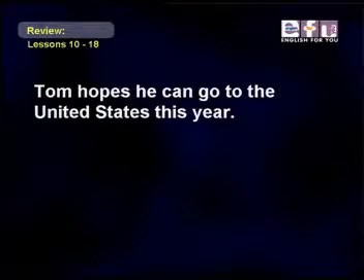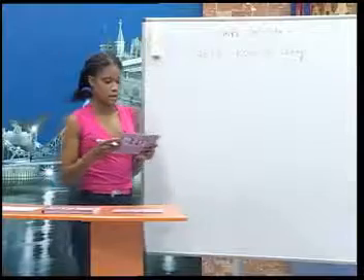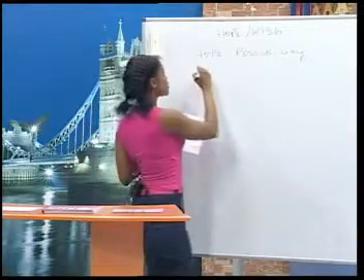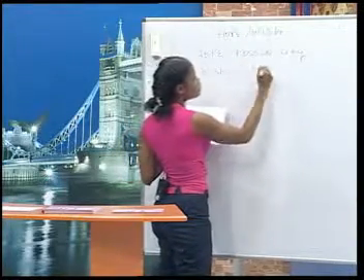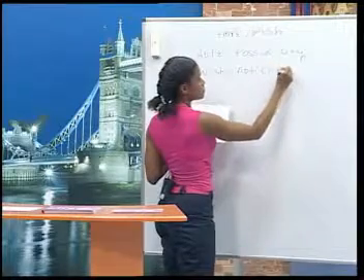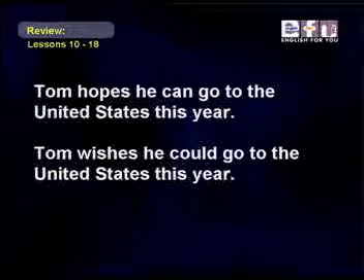Okay, so for example, Tom hopes he can go to the United States this year means there is a possibility he can go. But with the verb wish, it's not likely, not probable that it will happen.